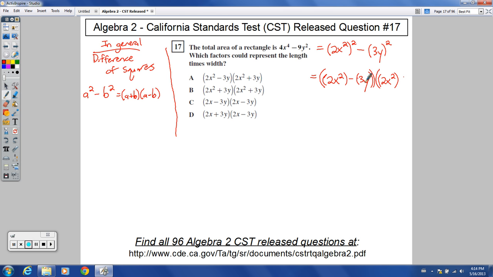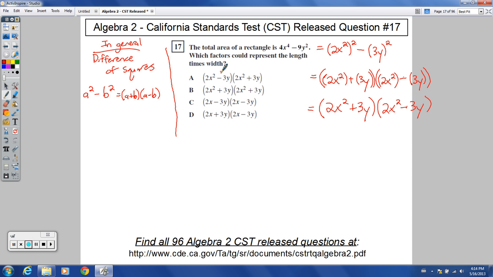As long as you have one plus and one minus, they're exactly the same beyond that. The parentheses weren't really necessary, so in my final answer: 2x squared plus 3y times 2x squared minus 3y.